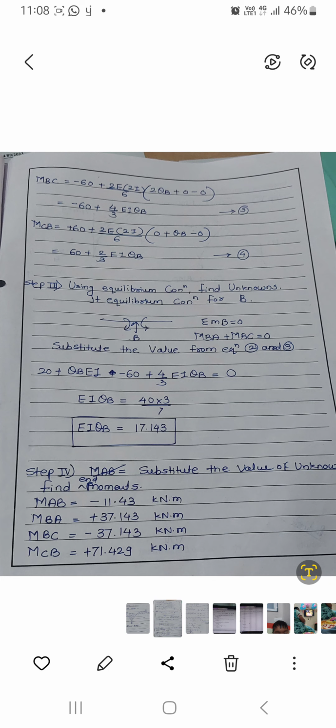Now the next step, and that is the last step, step number 4. So what is the last step?